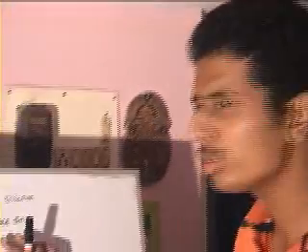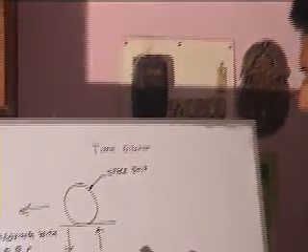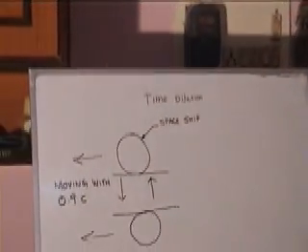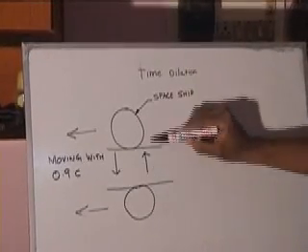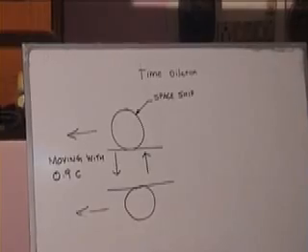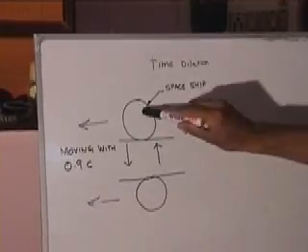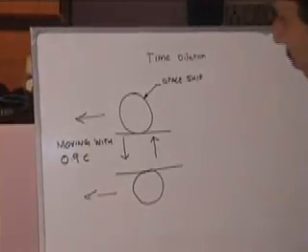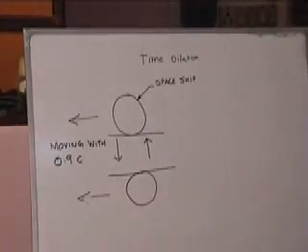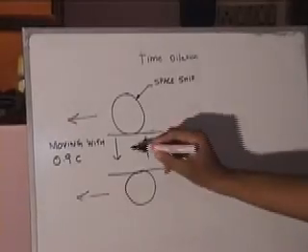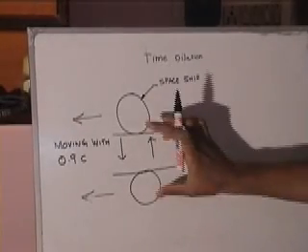Consider two spaceships, one and another one here. This spaceship sends a light beam here and this reflects it back. This is what an observer inside the spaceship would observe. But when I am at a distance from the spaceship, this is the light when the observer is in the spaceship.